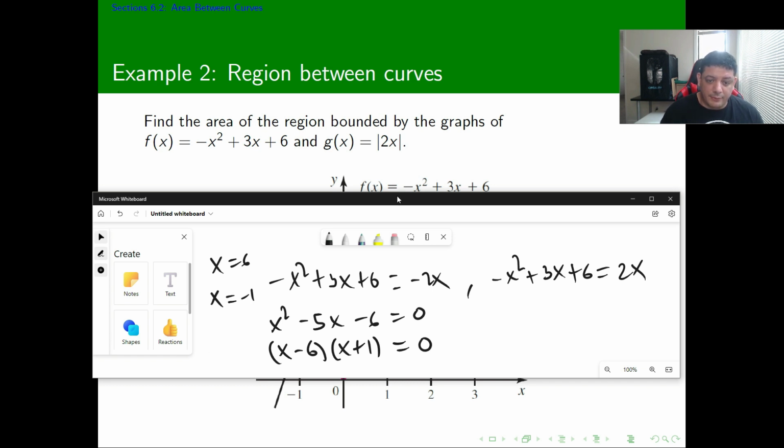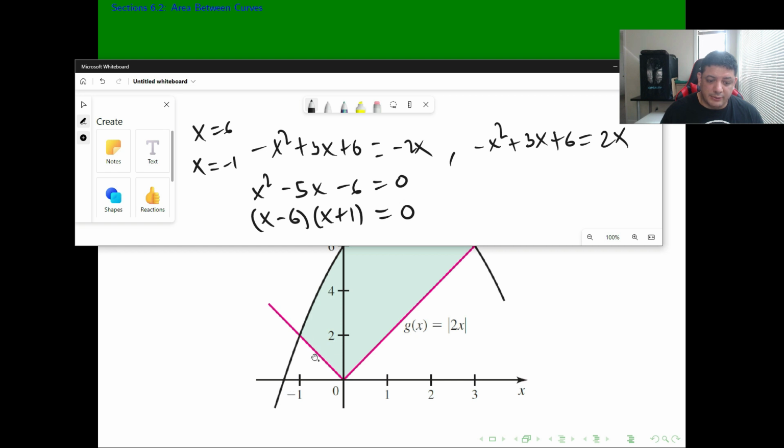So from that information, we know that we're going to get minus 1 as the intercept, since it has to be a negative number. From this equation over here, we're going to get x squared minus x minus 6 equals 0.